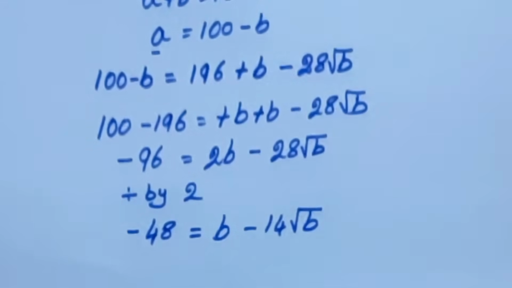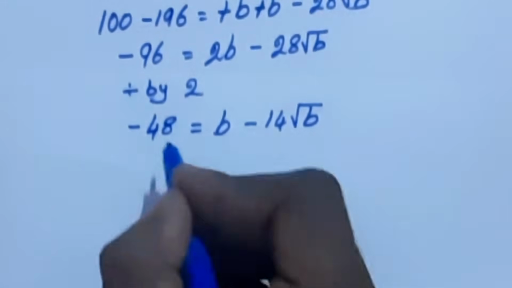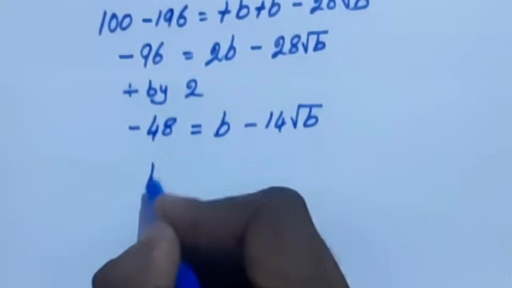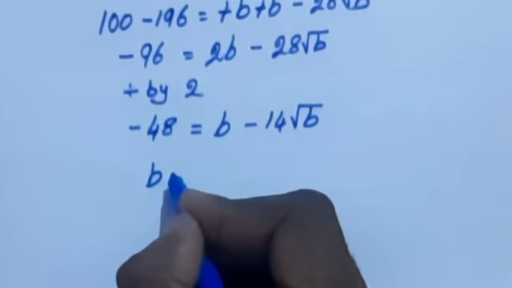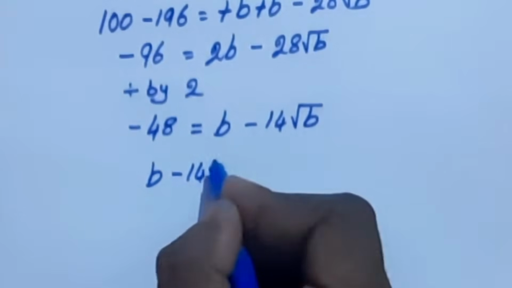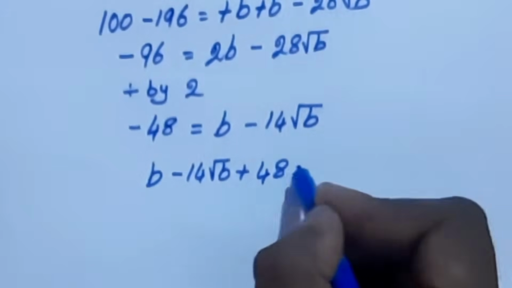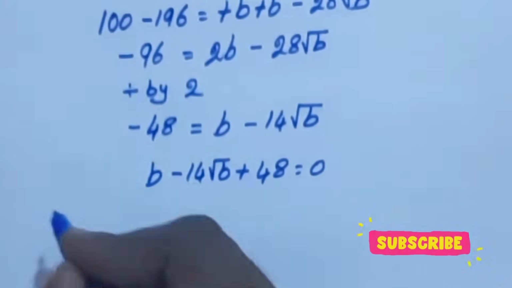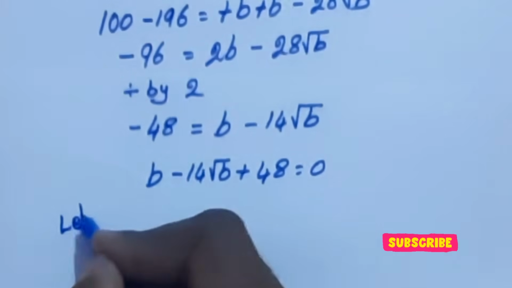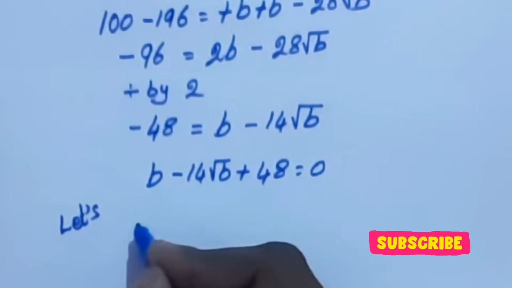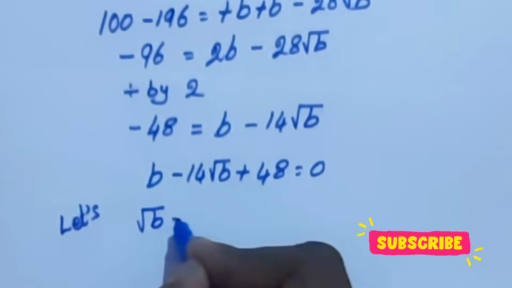Now moving this to the right hand side. So b minus 14 square root of b plus 48 equal to 0. Let us consider square root of b equal to x.